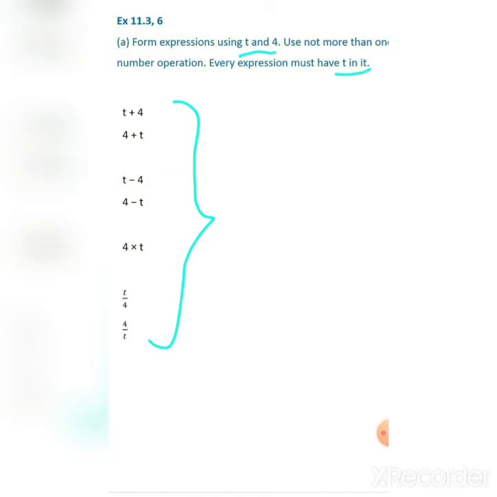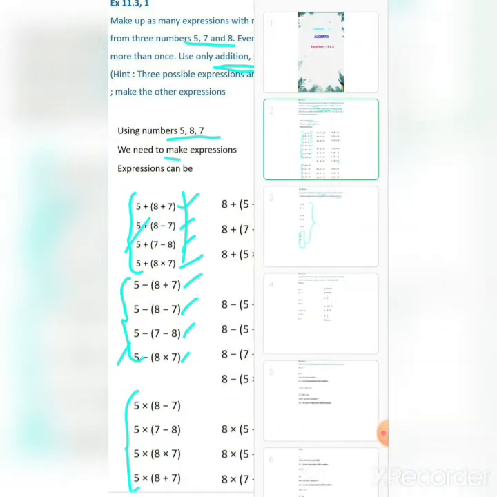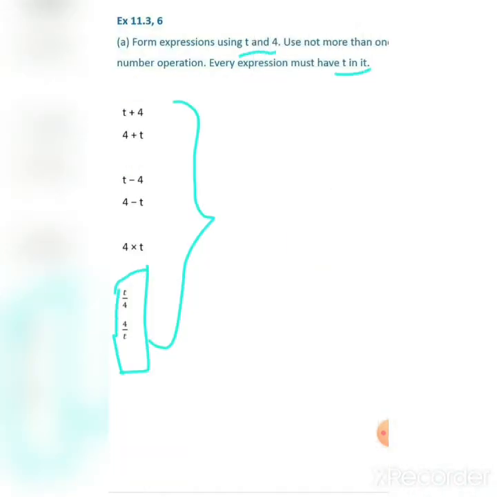Here it is not mentioned not to use division, that's why we have used the division part also. But in the previous one it was said not to use division, only addition, subtraction and multiplication were there. So we used those, and here we can use division, that's why we have done this.